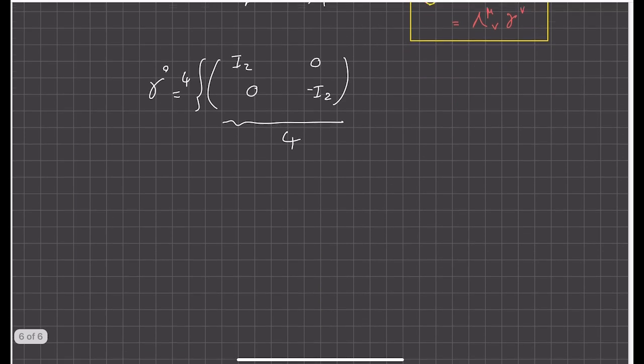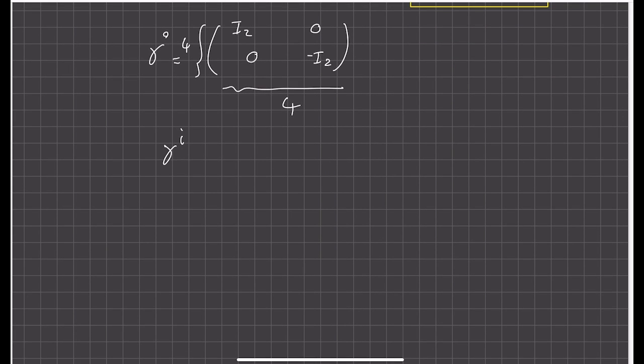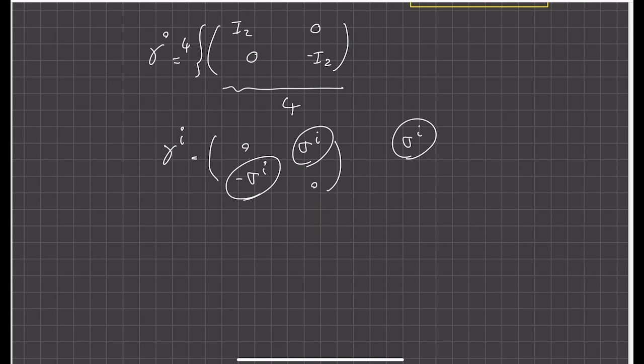Then gamma i, which means anything other than 0, can be written with 0 on the main diagonal, and then sigma i and minus sigma i. Sigma i are the Pauli matrices that we already talked about. So we have these 2 by 2 blocks inside of these gamma matrices.